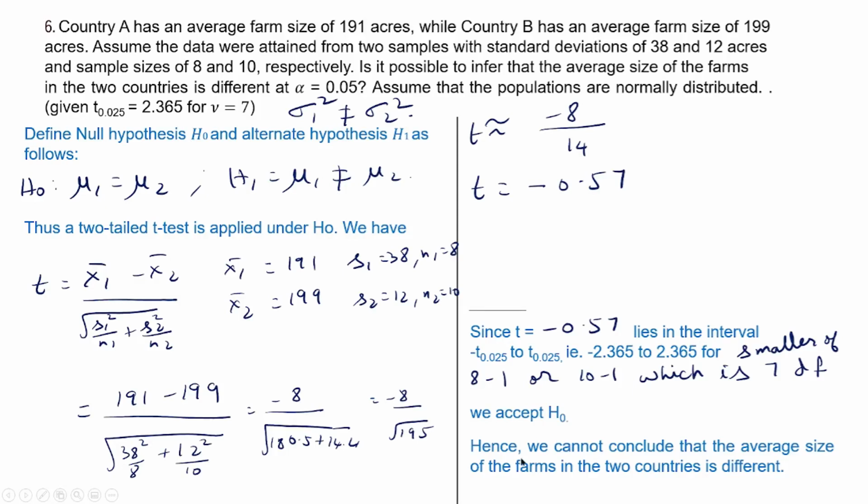Since we accept H0, we cannot conclude that the average farm size is different in the two countries, or we conclude that the average farm sizes are equal, in other words. So this is with respect to two sample t-test when the variances are assumed to be unequal.